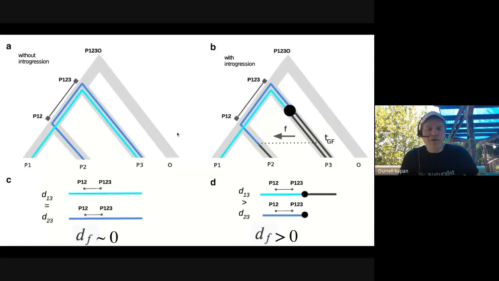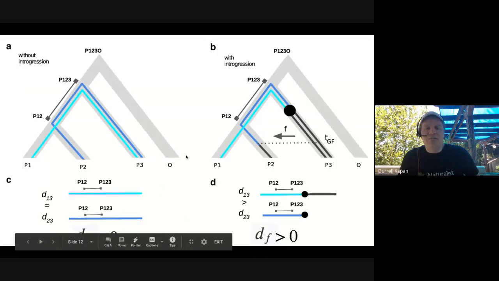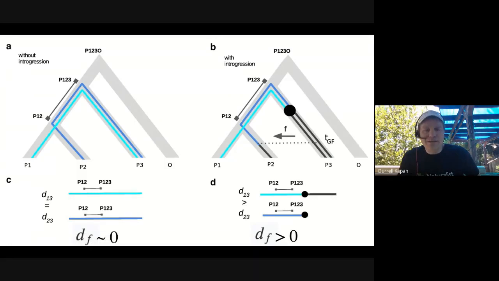So when we don't have introgression, what we see is DF is approximately 0. And when we do have introgression, on the right, you can basically say at some time a marker, this black dot, which is shared in the P3 branch, followed along with the introgression of some genomic region into P2 in this case.